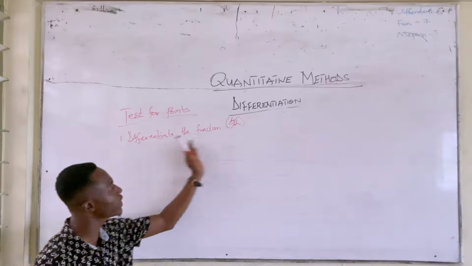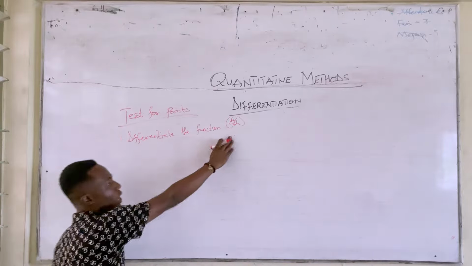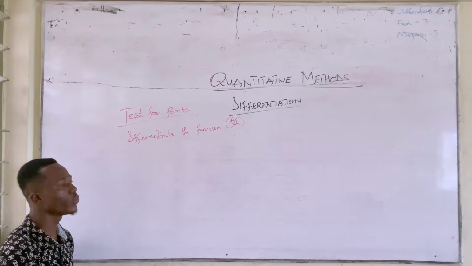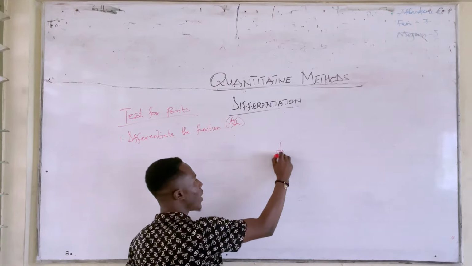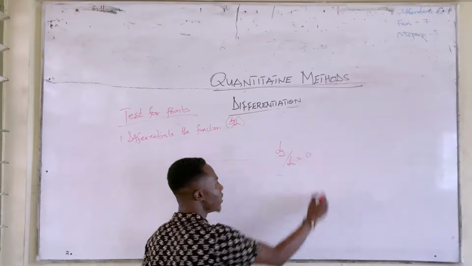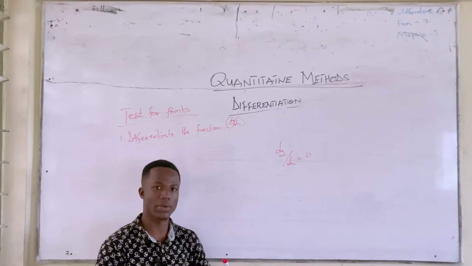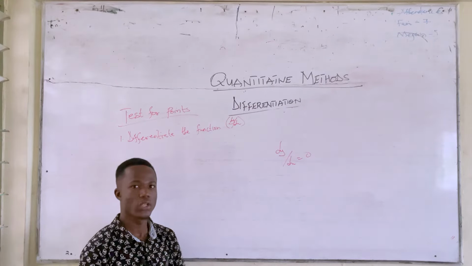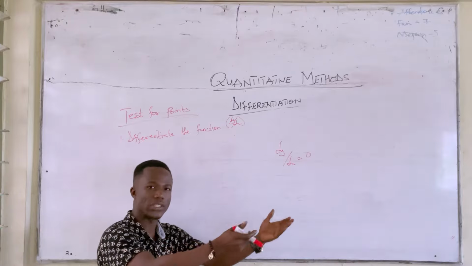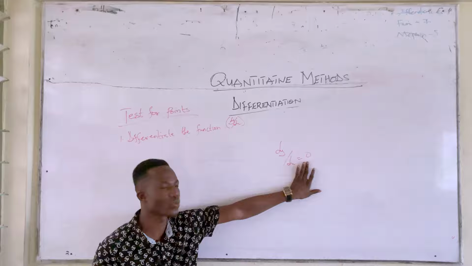Then after differentiating the function, you have your dy dx, right? We have something we call stationary point. Now stationary point is when your dy dx is equal to what? 0. It is also called a turning point, so stationary point is the same as turning point. That is when your dy dx is equal to 0. So before you estimate any point, you must first equate dy dx to 0.